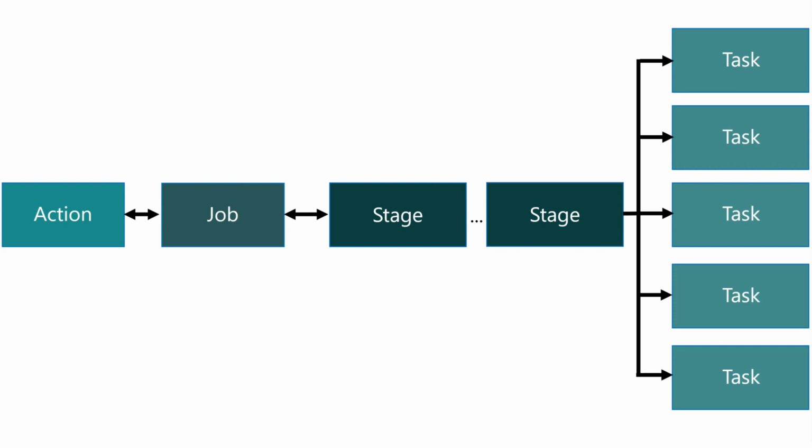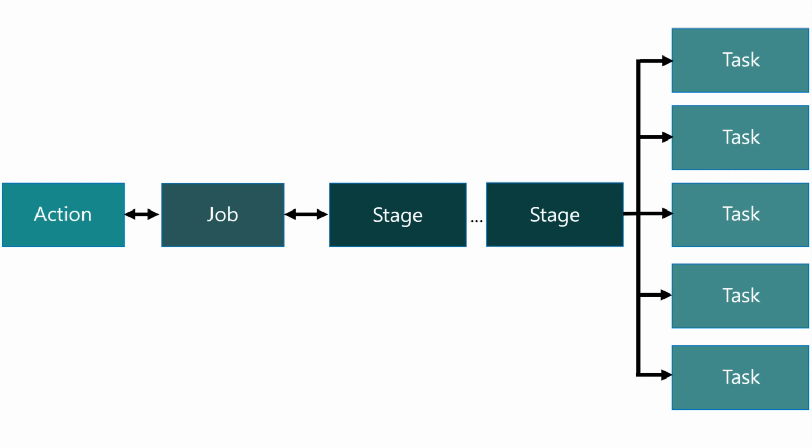Going to the last pillar, let's focus on tasks. So the driver program generates tasks for each stage, and each task works on a single partition of data. Tasks are sent to executors, which process them at the same time concurrently, and they can also store intermediate data in memory and also on disk.